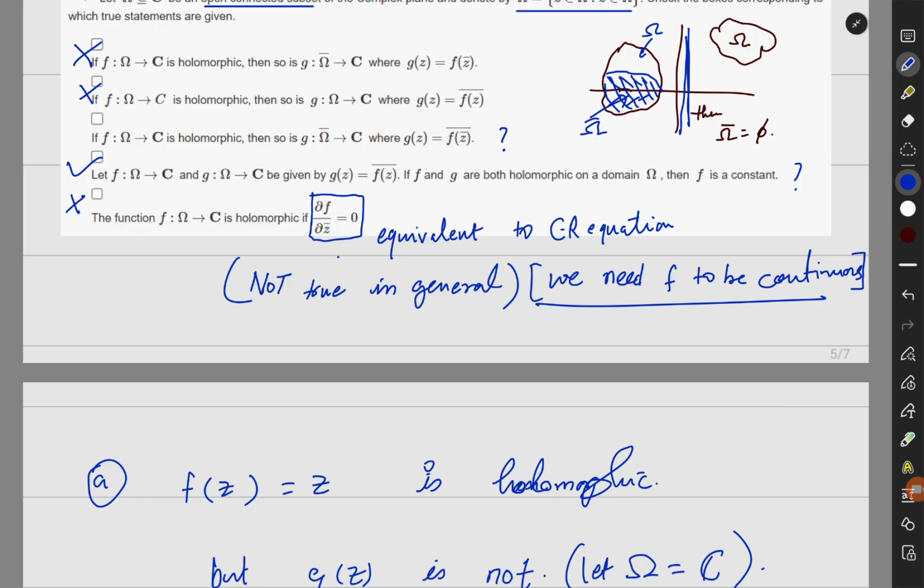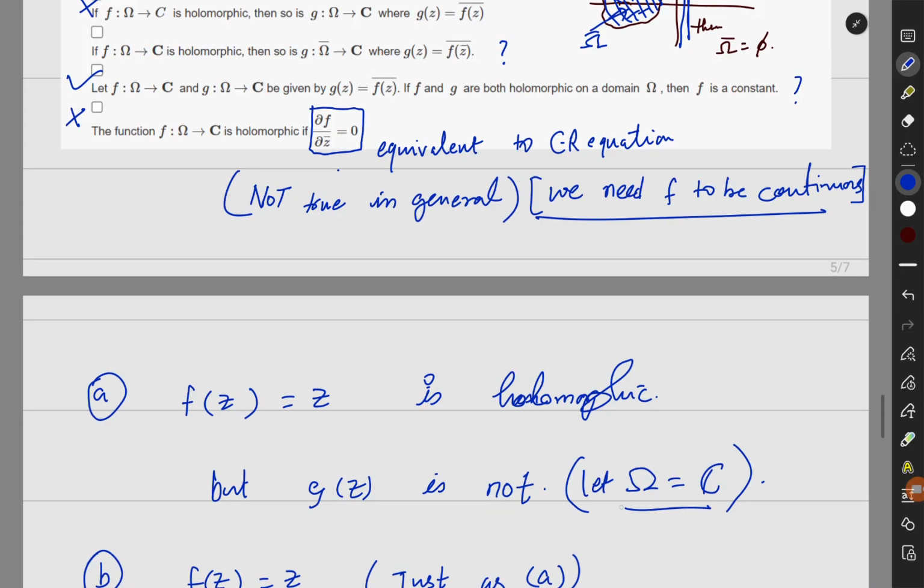If f is holomorphic, first problem, then so is g. G is defined from omega bar to C, which is equal to f of z bar. So in this case, this is wrong. Why is it wrong? We will give a counterexample for this. We take f of z equal to z and omega equal to whole of C, okay.